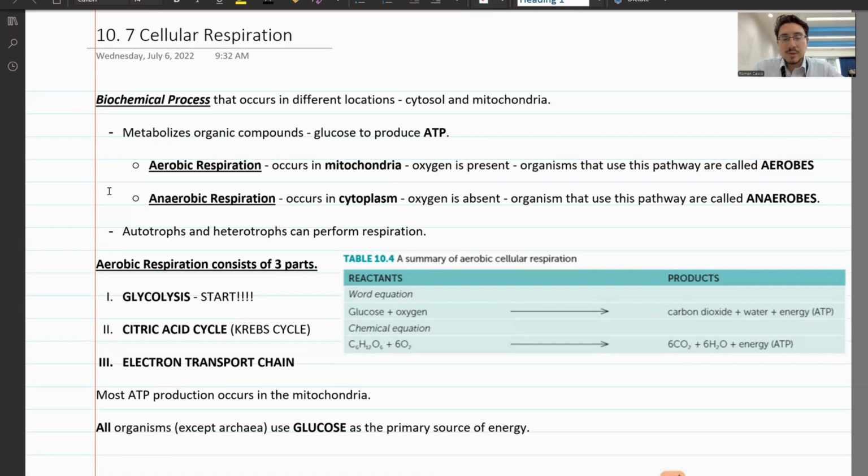And in this case, we use the products of photosynthesis, which are oxygen and glucose, and undergo a series of ultimately catabolic reactions to produce ATP. In a nutshell, this is what cell respiration is about, okay?